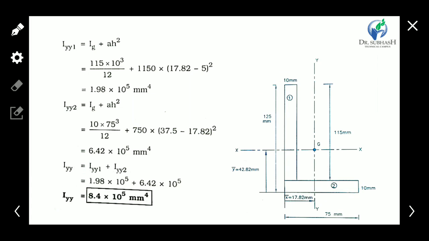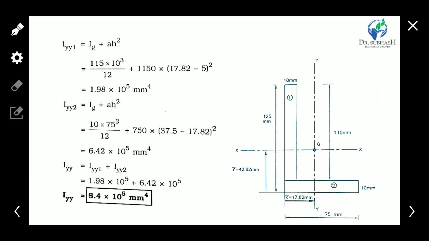So what is the first step? The solution of this example is converted into easy steps, so memorize it. Then you can easily solve this kind of moment of inertia example. The first step is to find the CG, then place the x axis and y axis in the figure and define x bar and y bar.